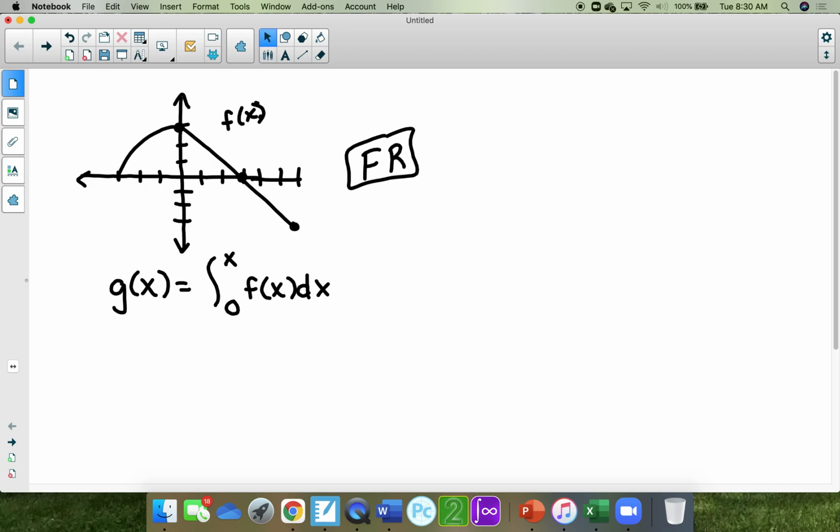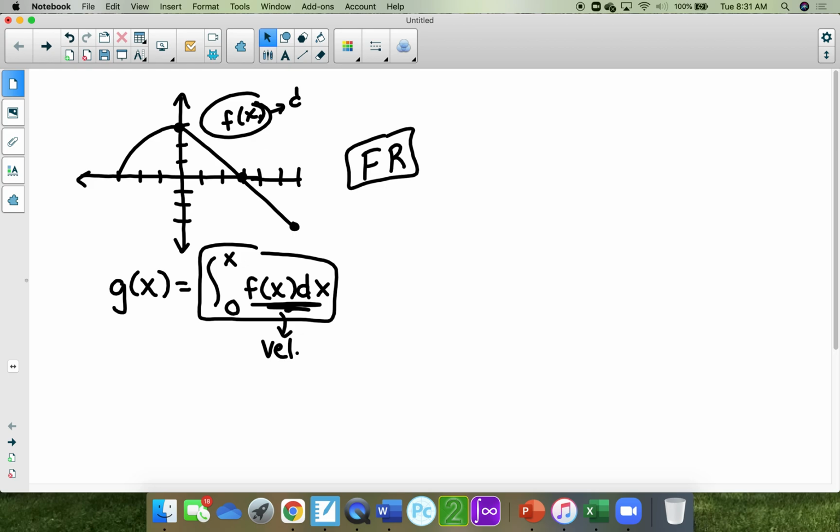Okay, so basically, if I integrate from 0 to wherever, depending on what my x value is going to be, from 0 to 4, from 0 to 2, from 0 to 1, and this stands for f of x, that means that this is a velocity graph, that this is a derivative graph. And if I integrate, I get back to g of x.